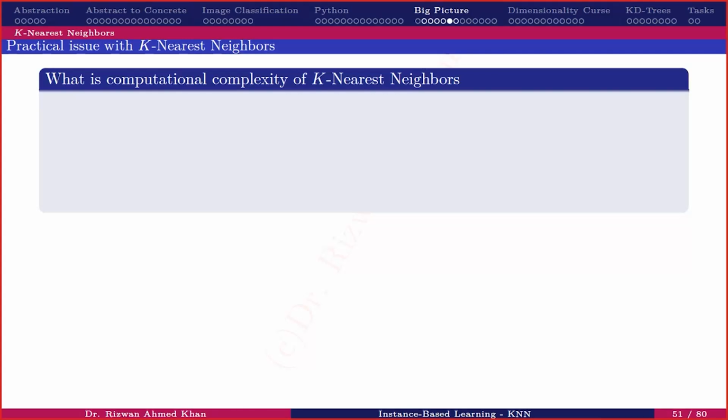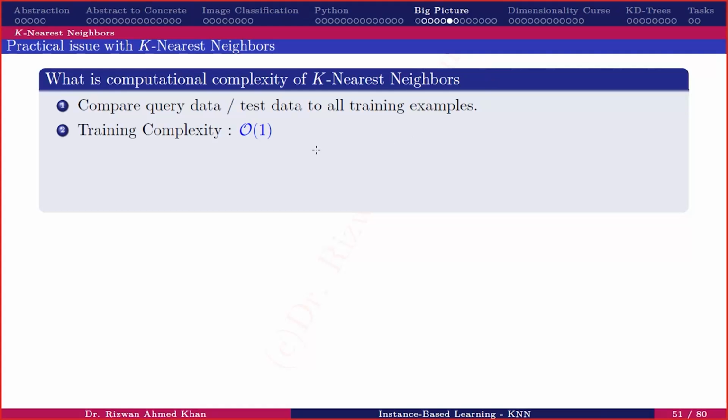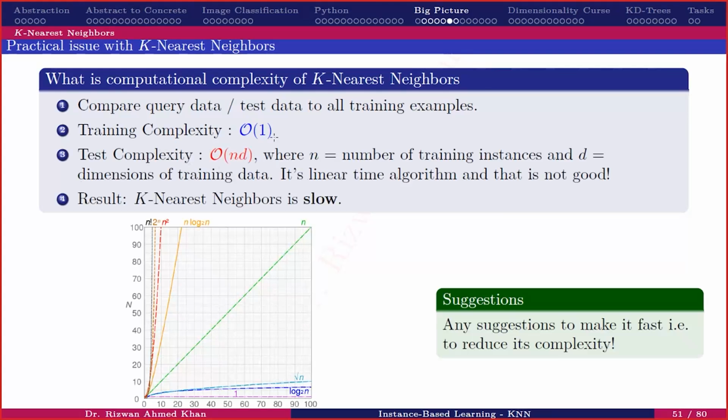Okay. And then we start looking at the computational complexity of the k nearest neighbor classifier. We just had this in the last class: training complexity, actually there is no training complexity, it is just recording the data. So there is no training happening, but test complexity is linear in the number of samples n and their dimension. So this is not a good classifier.